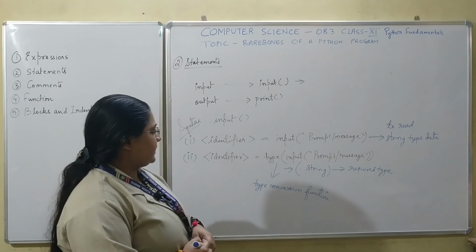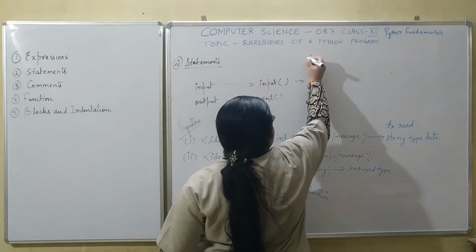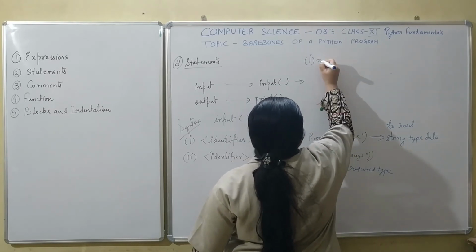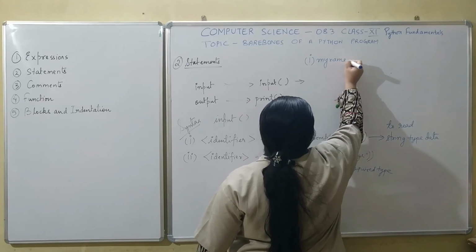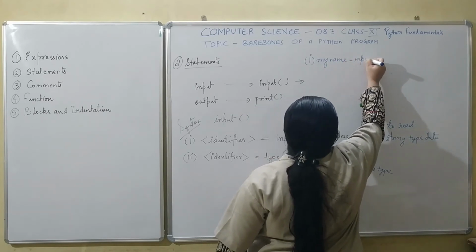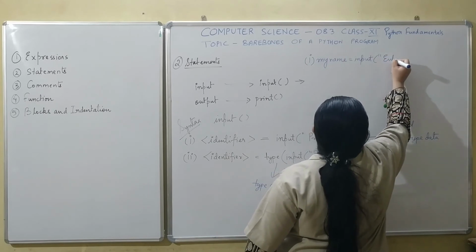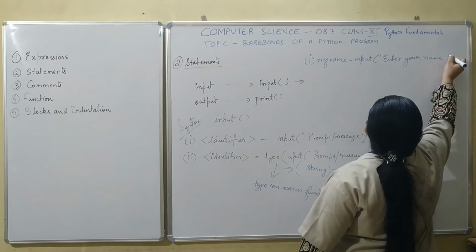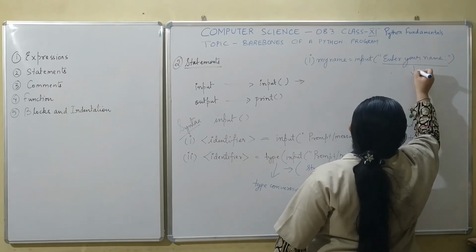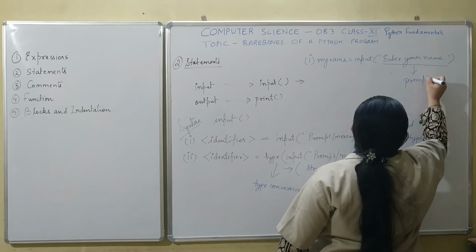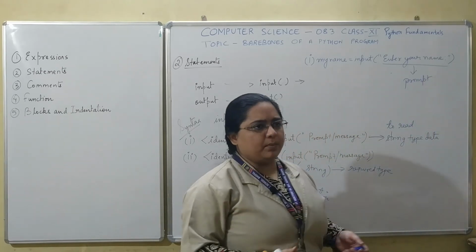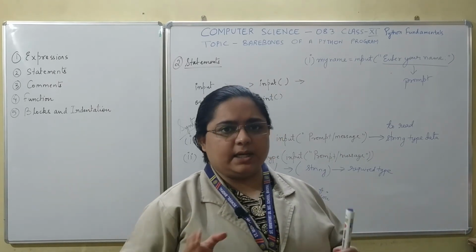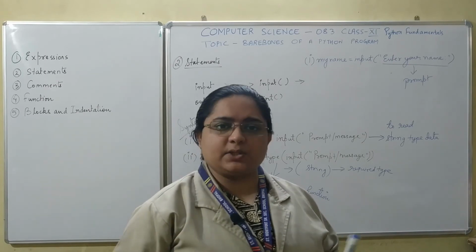When we talk about the first one, an example could be my name equals input, enter your name. So this here, what you see, this is the prompt or the message which you are giving to the user. It's just a prompt which will appear on the screen. Whenever the user runs the program, he needs to have some message to understand what is to be done.